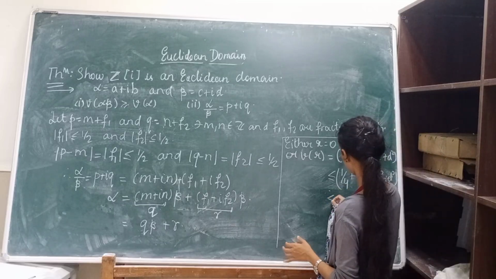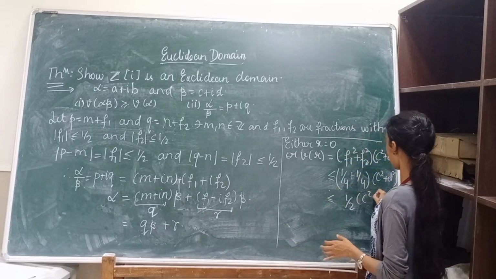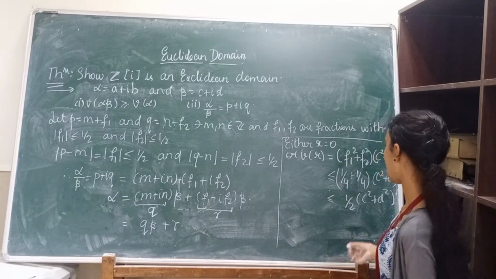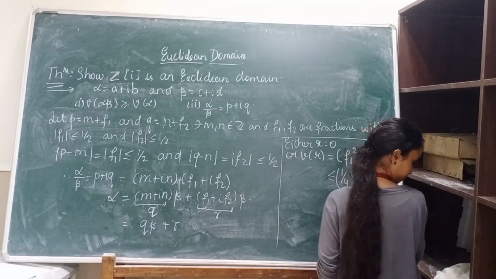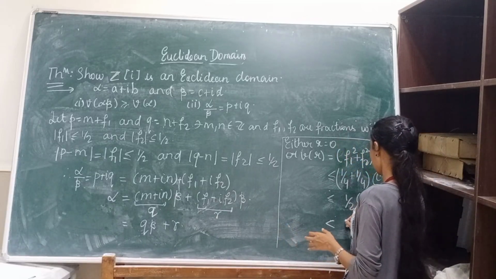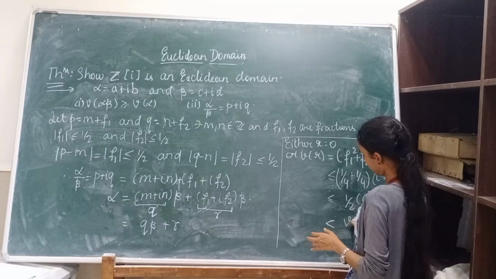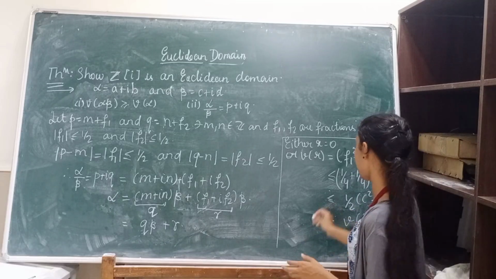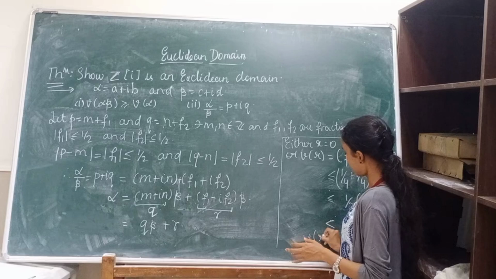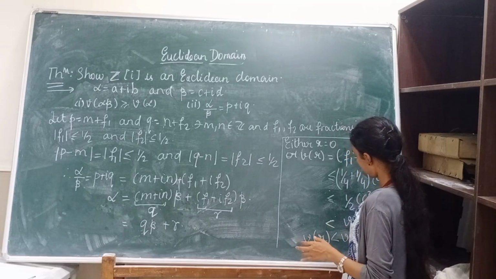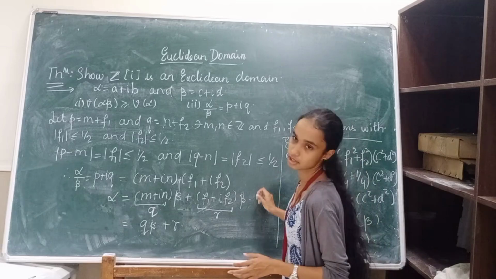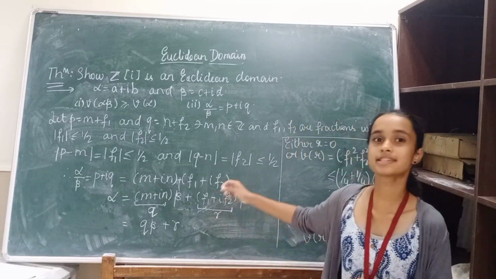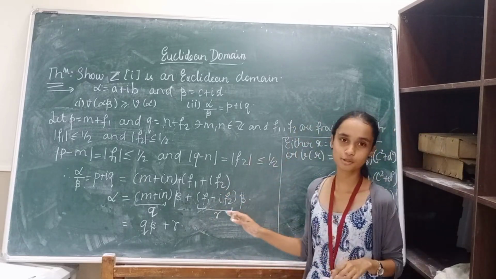This is less than or equal to half times (C square plus D square), and this is less than E of theta. Therefore, E of R is less than E of theta. Therefore, this satisfies the division algorithm, and hence Z[i] is a Euclidean domain.